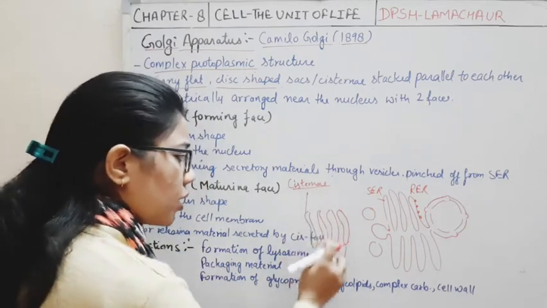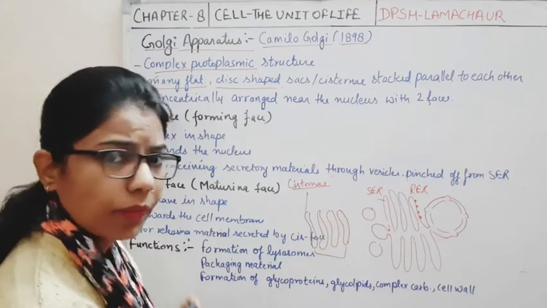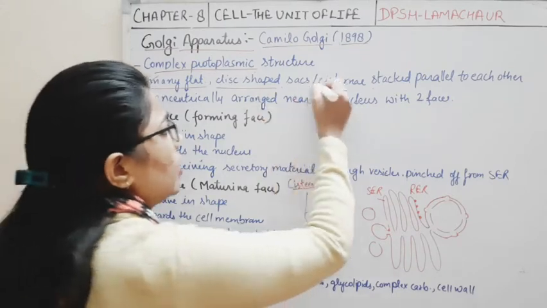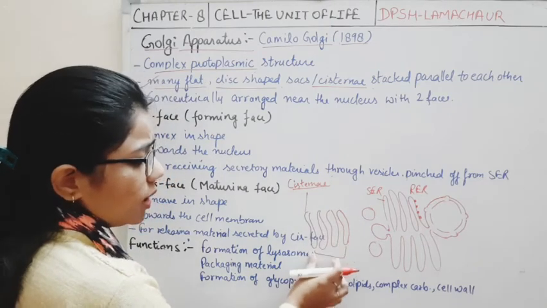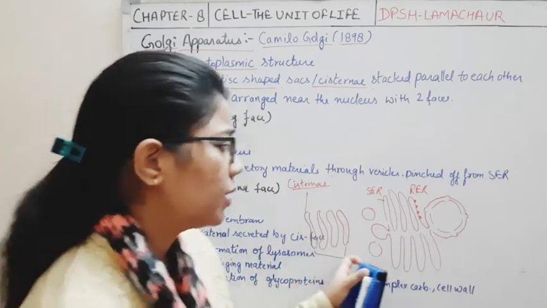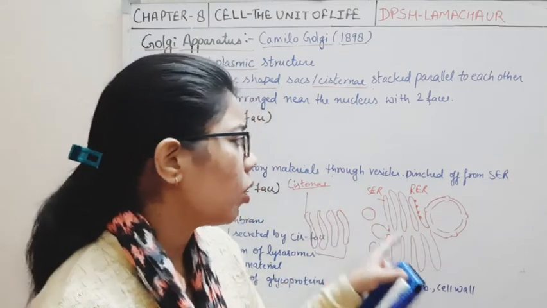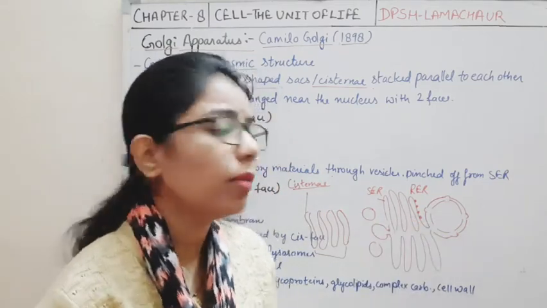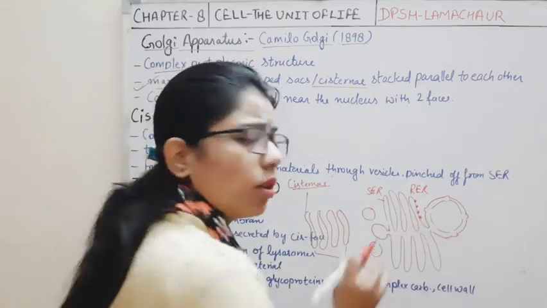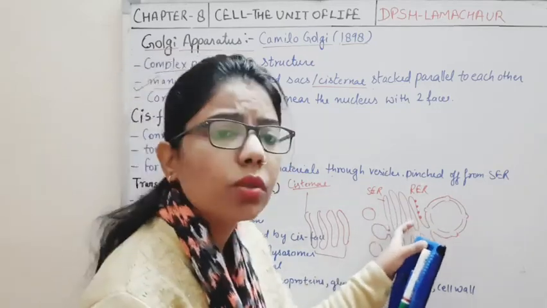These sac-like structures present here. The same thing is written here: they are known as cisternae, which are stacked parallel to each other. You can see these are parallel with each other. Now if you recall, the structures present in the endoplasmic reticulum are tubular structures. These are also known as cisternae.